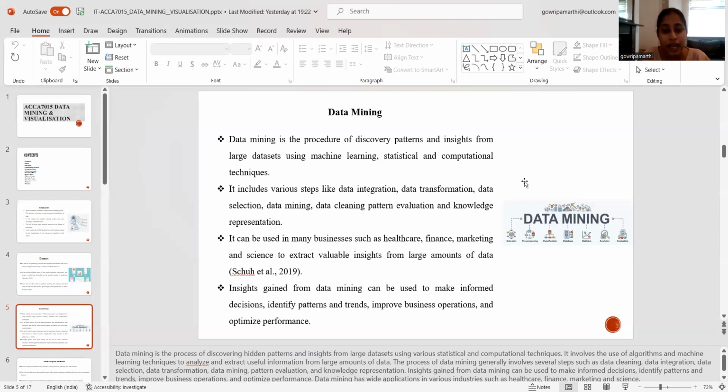What is gained from data mining can be used to make informed decisions, identify patterns and trends, improve business operations and optimize performance. The meaning of optimize is increasing the performance of the business analysis.